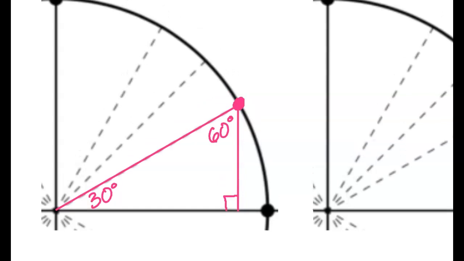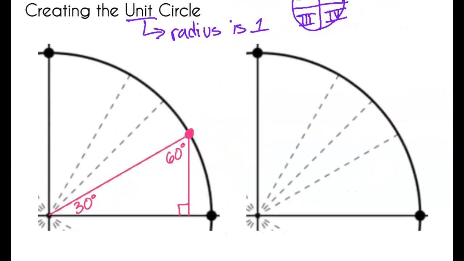What other value can I put on this triangle? There's one more that I can just immediately write down. Keeping in mind the name of this thing. The name of the circle.